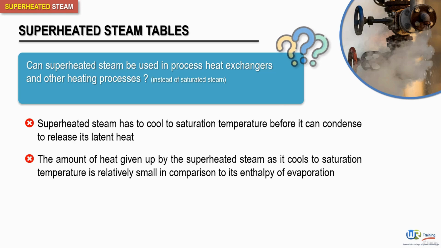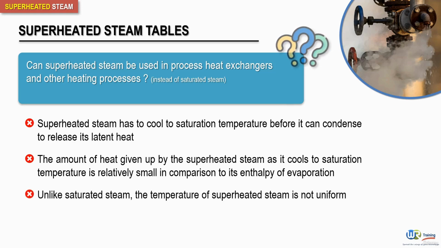In addition, unlike saturated steam, the temperature of superheated steam is not uniform. Superheated steam has to cool to give up heat, while saturated steam changes phase. Recall, phase changes occur at a constant temperature.